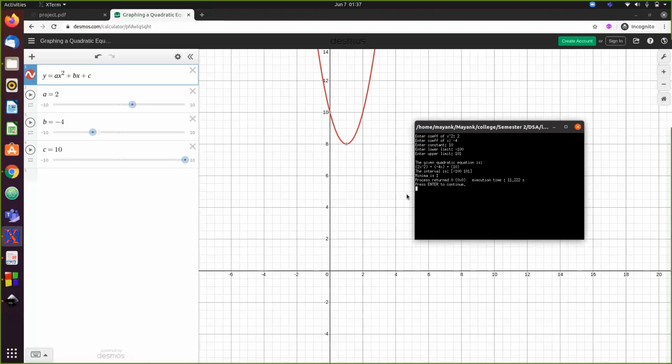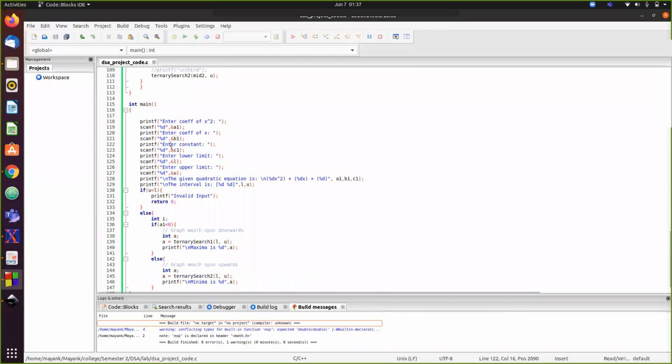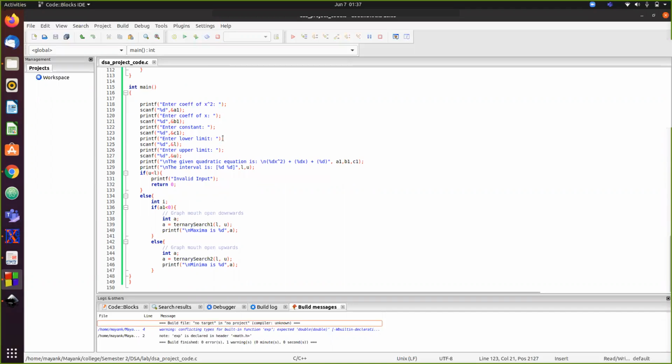Now if we take a case in which the minima is not an integer, it's a decimal number, then I have written this code so that only integer values are accepted.